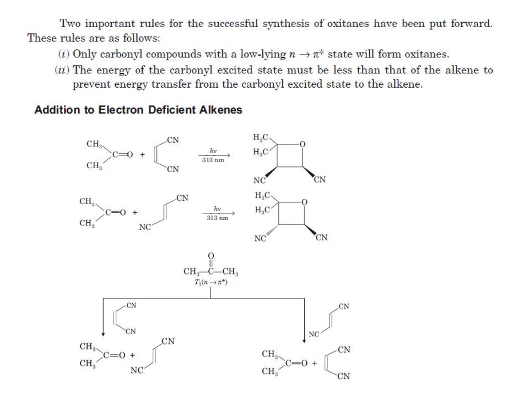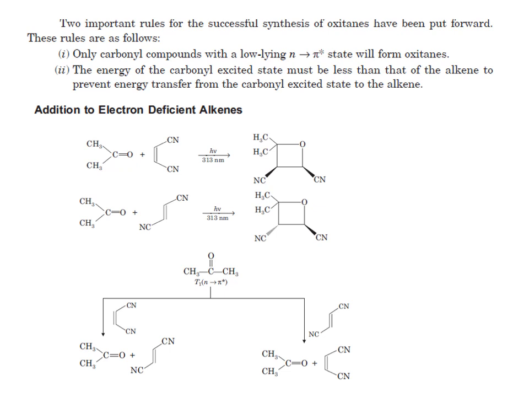Now, if we consider addition to electron-deficient alkenes, the photocycloaddition of aliphatic ketones to an electron-deficient alkene, particularly dicyanoethene, involves the addition of the singlet state n-π* excited ketone to the ground state alkene. The reaction is highly stereospecific, and the stereochemistry of the alkene is retained in the product oxetane.